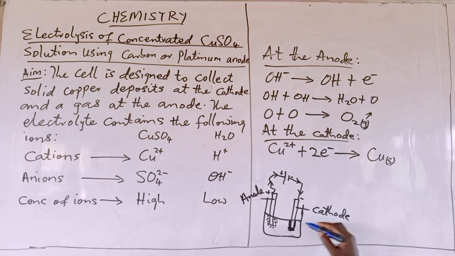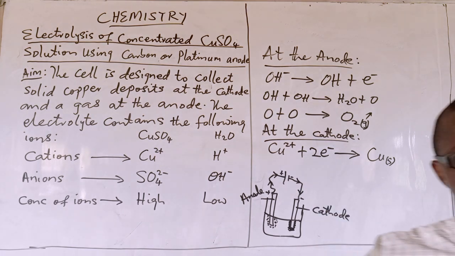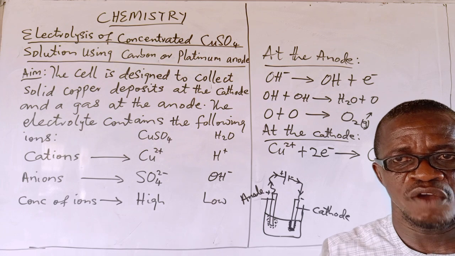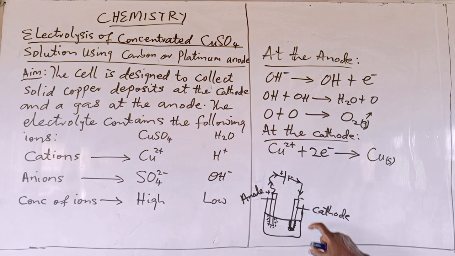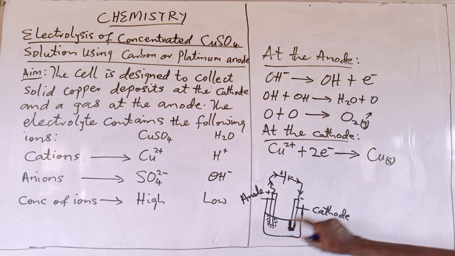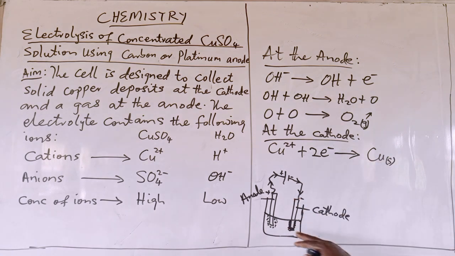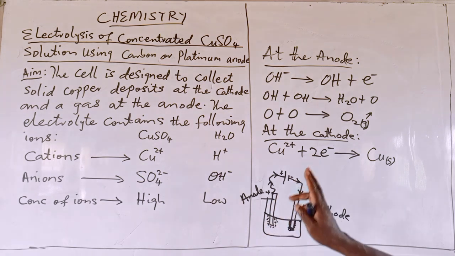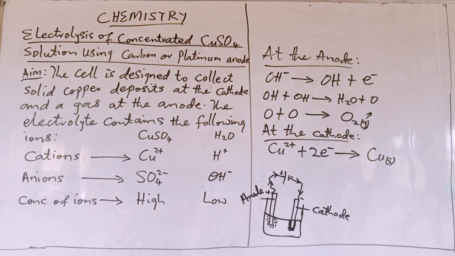Assuming you have taken the mass before you start this reaction, after some time, remove the cathode and weigh it again, and you will discover that it is heavier than before because some amount of copper was deposited on that electrode. So they are not part of the solution again. The oxygen is not part of the solution again. So that's what happened at the anode and at the cathode.